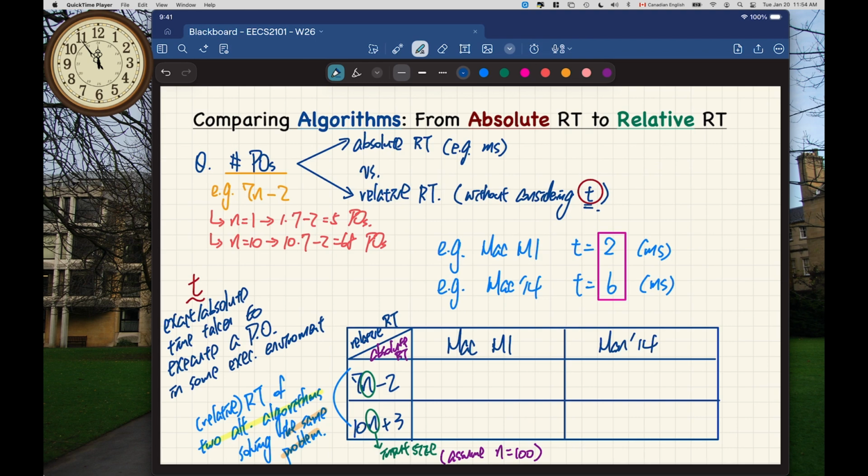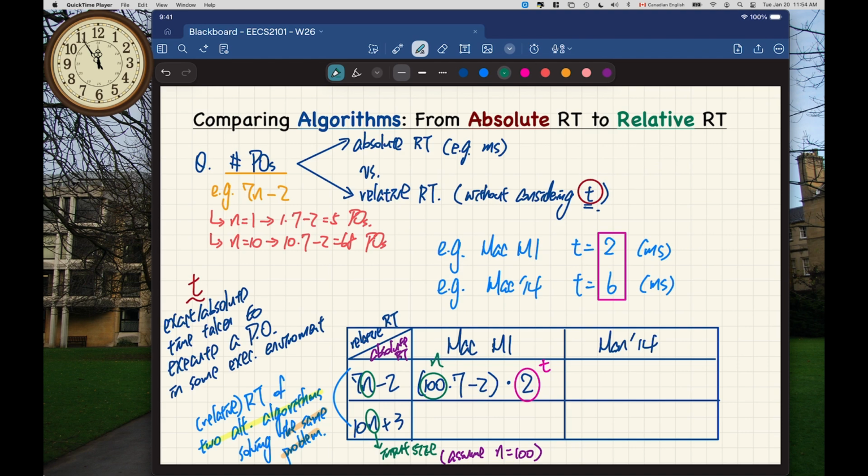So this will be basically 100 times 7 minus 2, and then times 2. Just be reminded, this is t, and this one here is n. It's very simple math, but conceptually, you've got to know that we're considering both the input size and the execution time for each primitive operation.